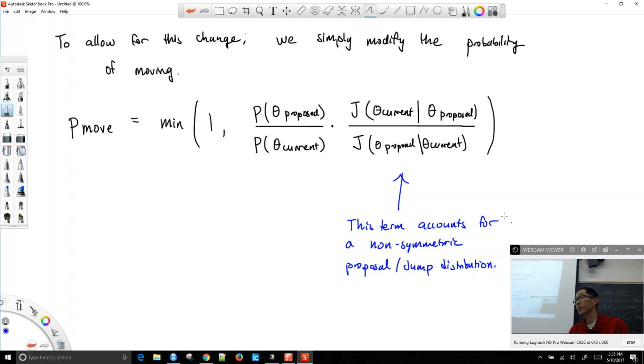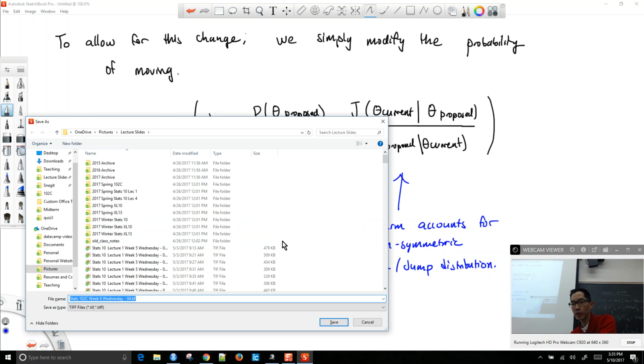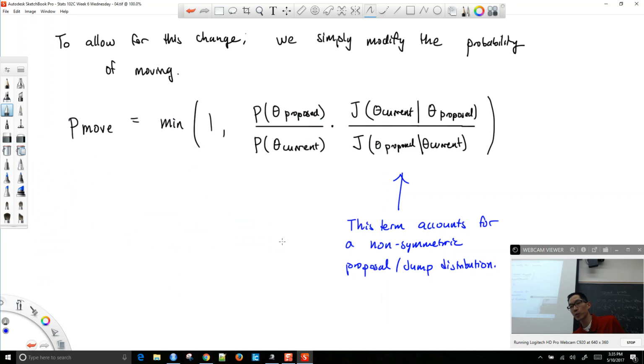Right. If you use a symmetric jump distribution, then the top and the bottom are equal, and so this just cancels out to be 1. Okay, and then you get the good old-fashioned Metropolis algorithm. But if it's not symmetric, then you need to include this.